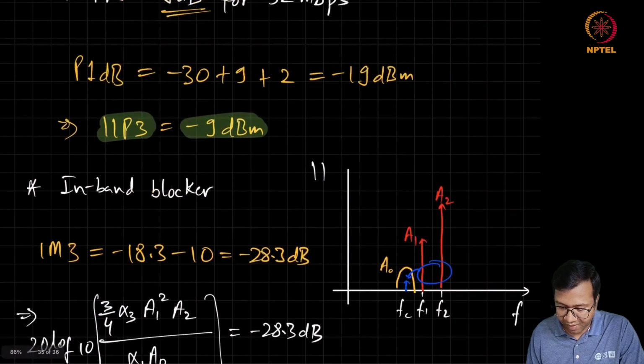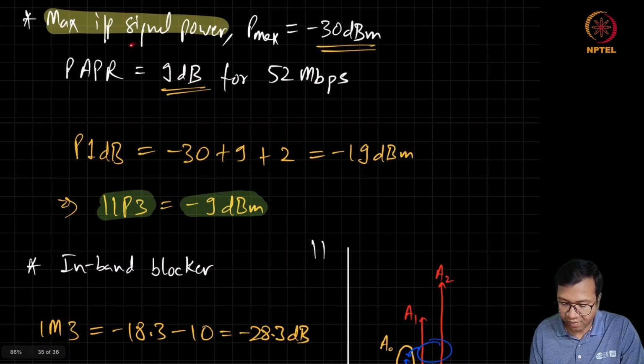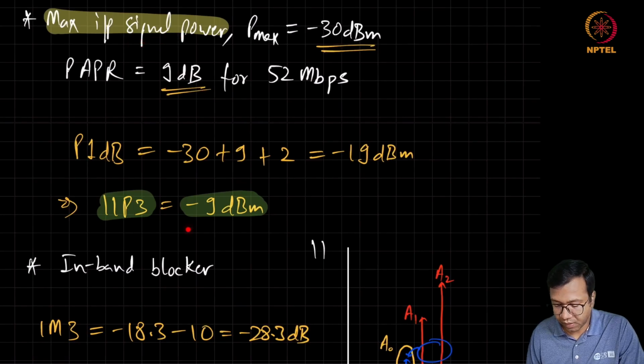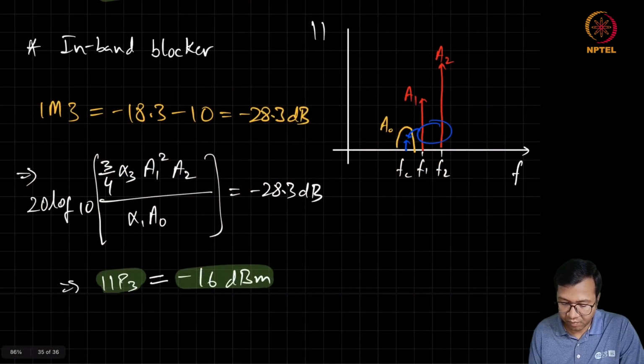Now, one point to note here is that when we talk about the maximum signal power, we may reduce the gain in the receiver. So under those reduced gain, we need to meet this minus 9 dBm specification. Whereas for this in-band blocker case, we are talking about the signal which is close to the sensitivity level, only 3 dB above the sensitivity level.